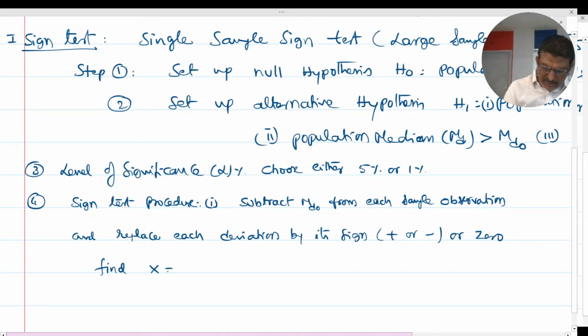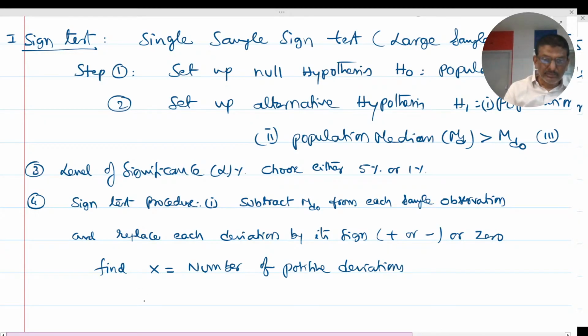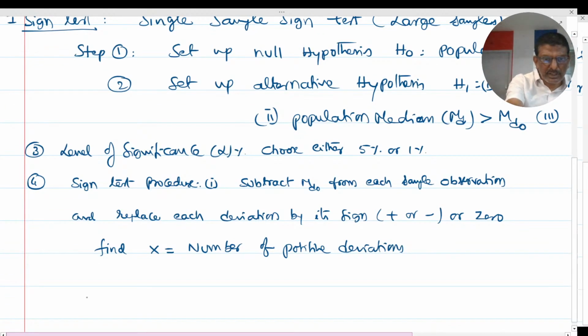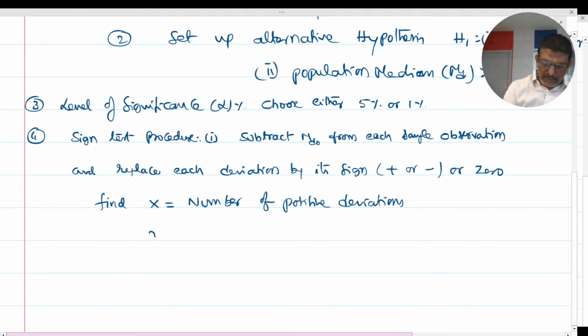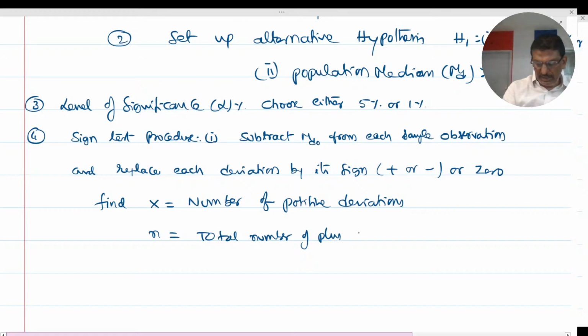Find capital X, the number of positive deviations. How many positive deviations are there in this procedure? Positive deviations, that is very important. N is equal to the total number of plus and minus signs after dropping zeros.